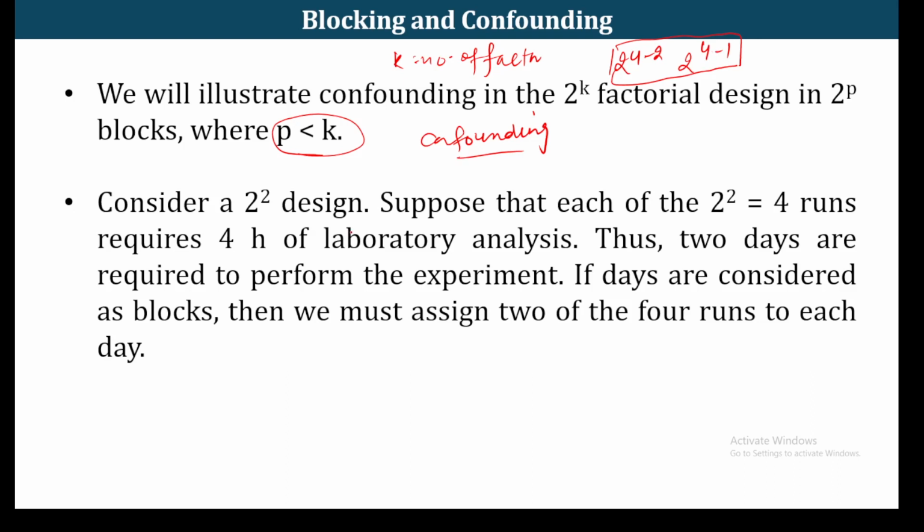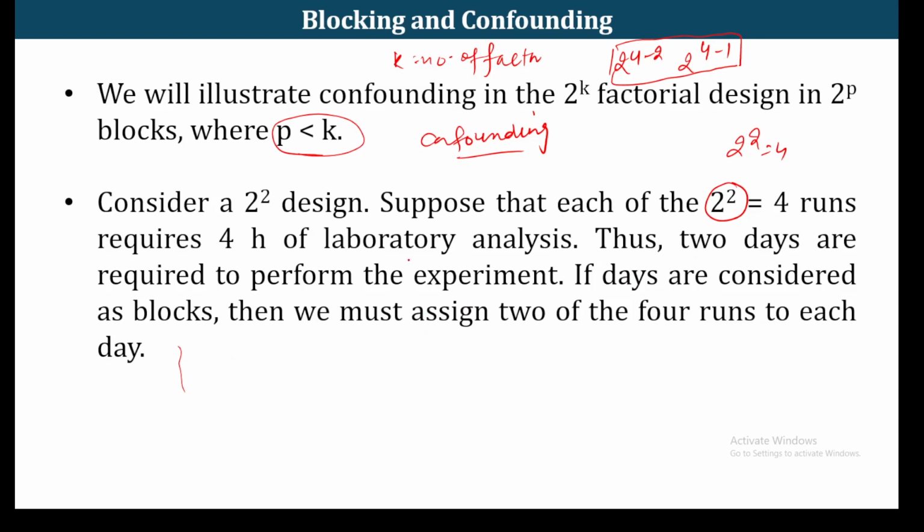Let's say we want to consider a 2 to the power 2 design. Suppose that 2 to the power 2 design will have 4 runs, and requires 4 hours of laboratory analysis. So 2 days are required to perform the experiment. If days are considered as a block, then we must assign 2 of the 4 runs to each day.